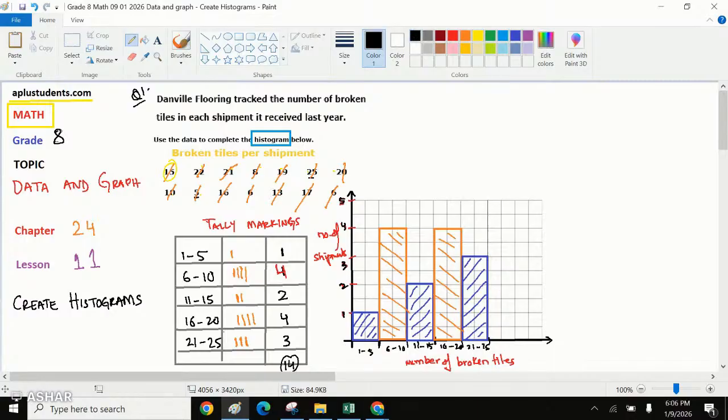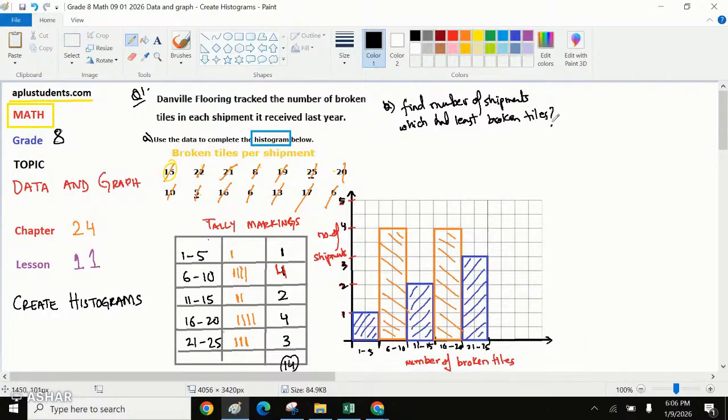What they can add to the question is, let's suppose this was part A, part B says find the number of shipments which had the least broken tiles, right?